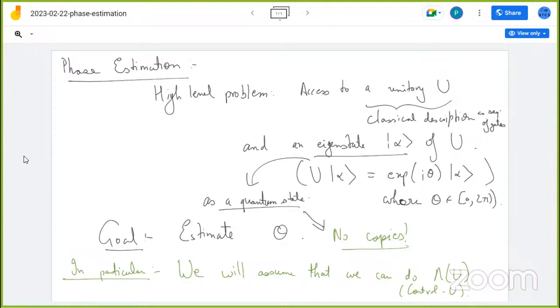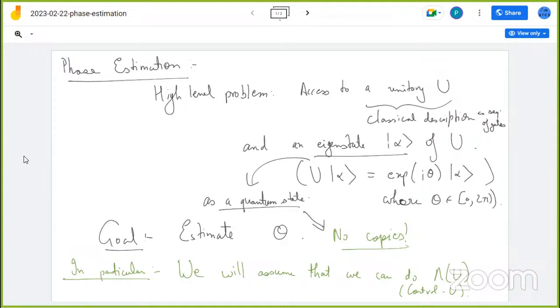We want to do something where if you measure it, we see something that depends on theta. And we can do control U. So let's look at the obvious circuit and see what could happen.